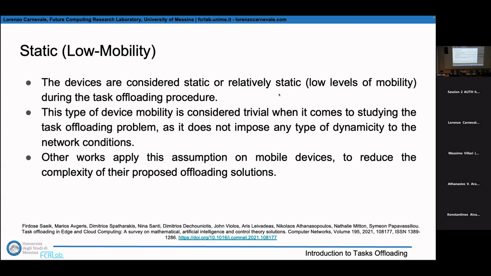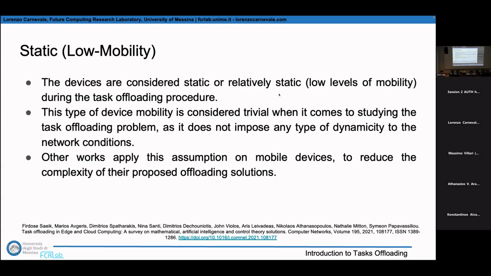This type of device mobility is considered trivial when we want to study the offloading problem, because we can also think about a mobile device that just stops in a position for the time needed to offload the task, and then starts to move again.